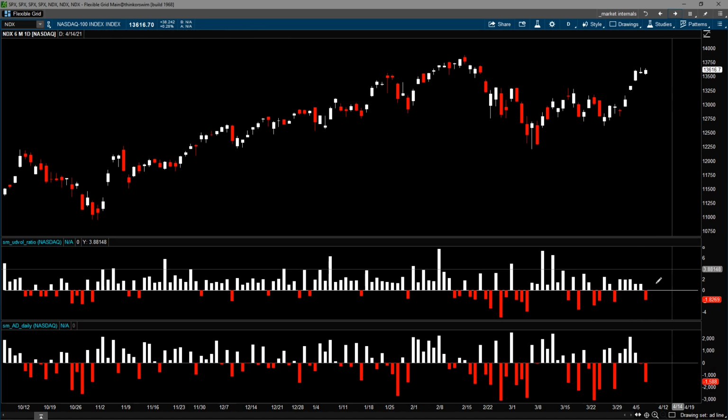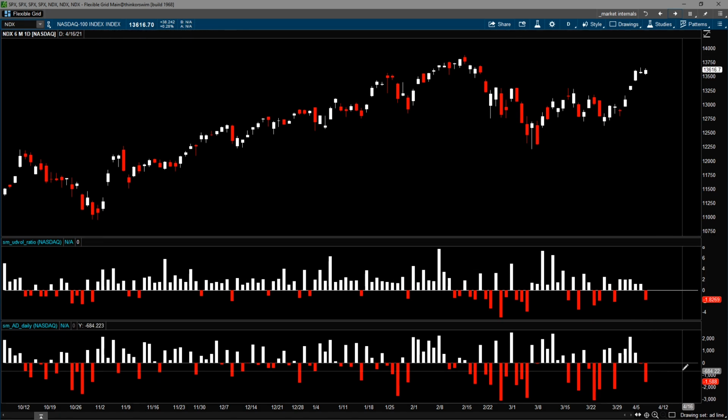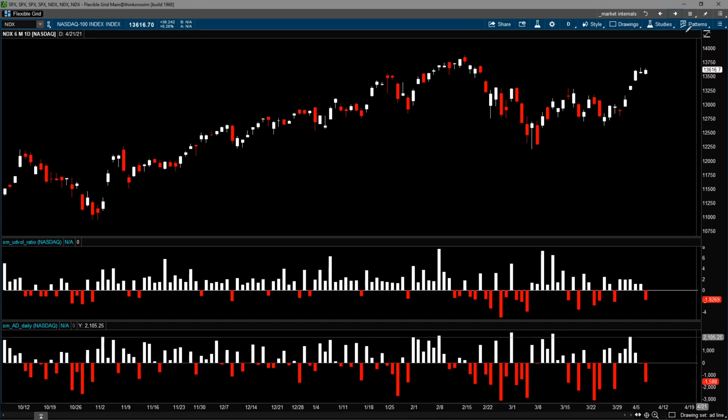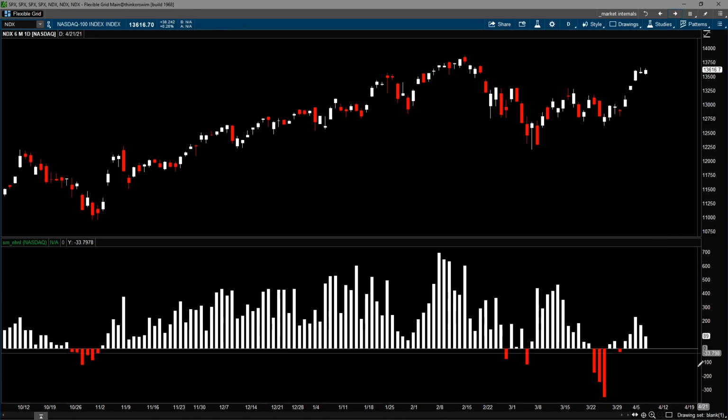Here's the NASDAQ. The up-down volume is minus 1.82. And the advance decline is minus 1,588. So 1,588 more declining issues than advancing issues. And here's the new high, new low. There were 89 more new 52-week highs than 52-week lows.